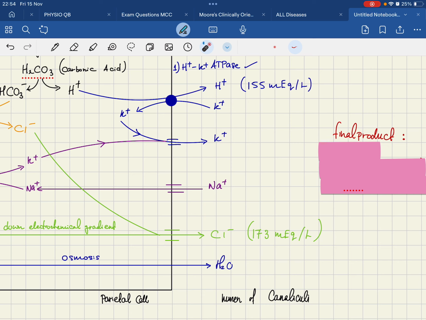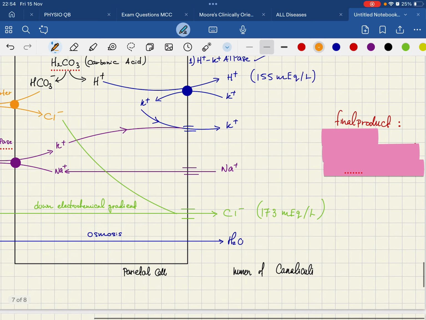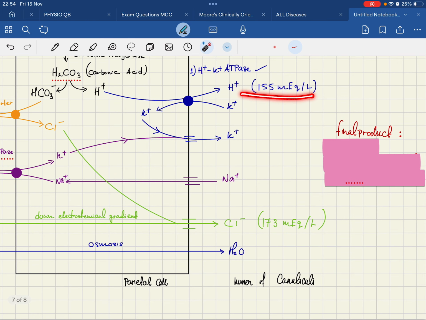Here we'll have 150 milliequivalents per liter. And then calcium will be available at 173 milliequivalents per liter. So as you can see here, H plus is the limiting agent.